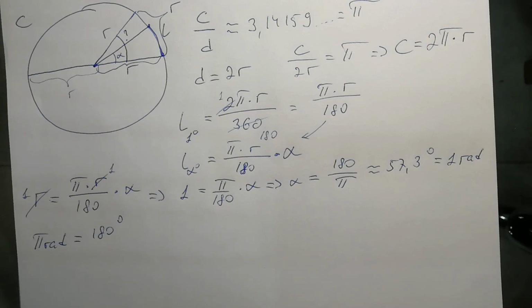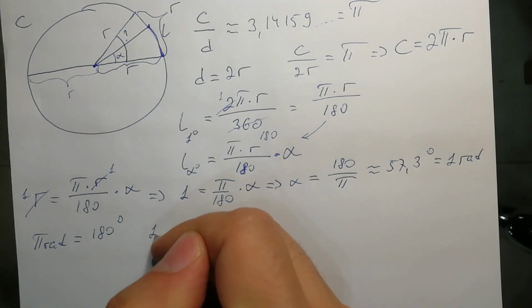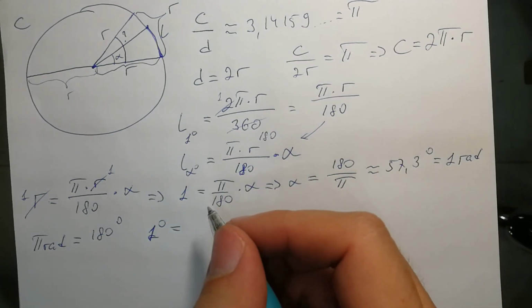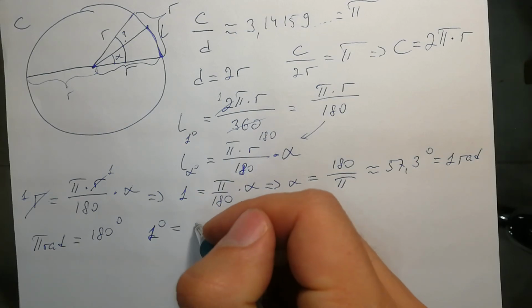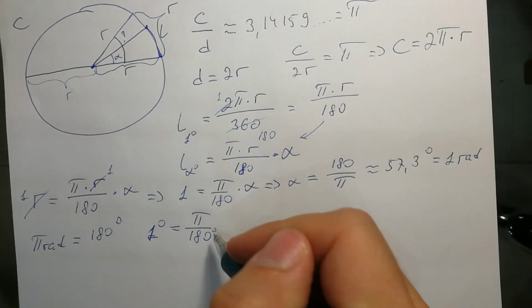And from here also we can say that 1 degree equals pi divided by 180 radians.